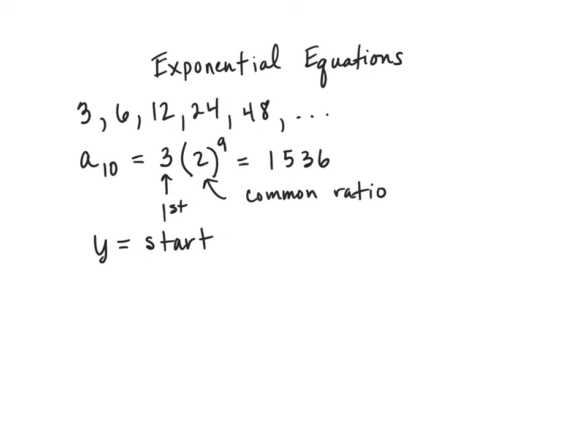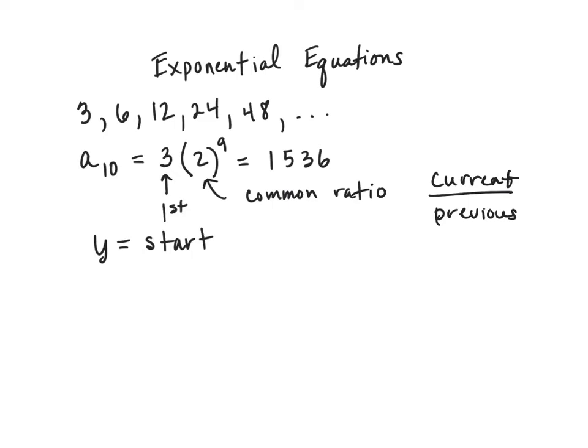because if I make a fraction with any of these numbers and I take the current and divide it by the previous, notice that 48 divided by 24 is 2, 24 divided by 12 is 2, 12 divided by 6 is 2.